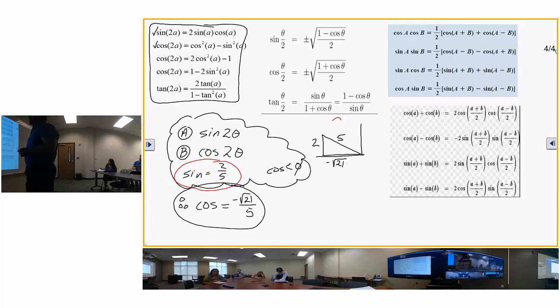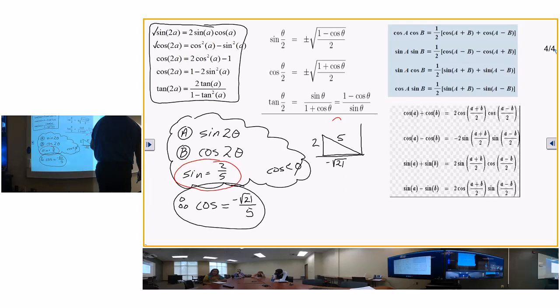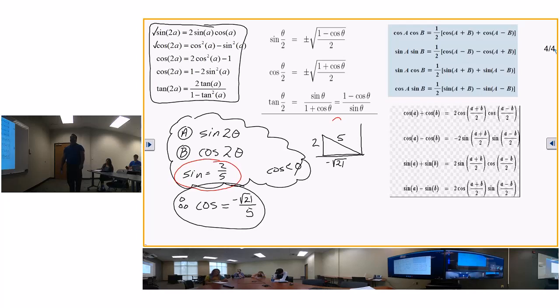So let's take our sine of 2 theta, and I'm going to erase these if y'all don't mind. Has everybody finished copying? Pendleton, are you finished? Yeah. Okay, got a yes. You finished? I've got 2 more to do. Well, hurry up.